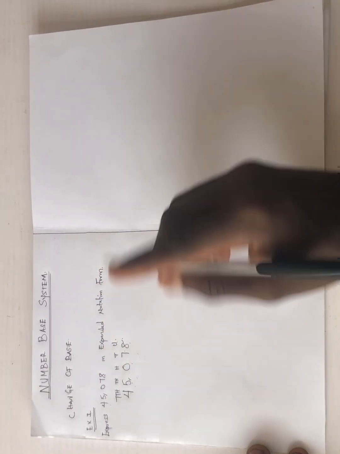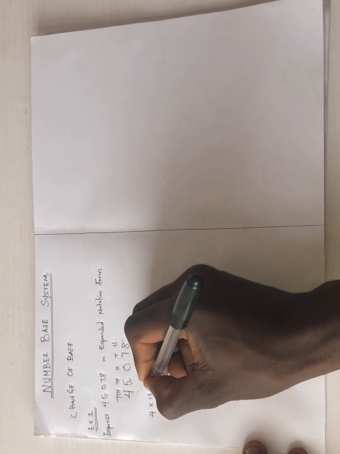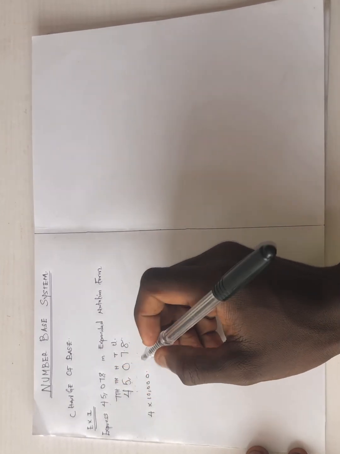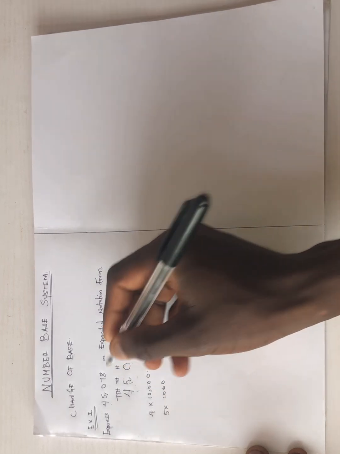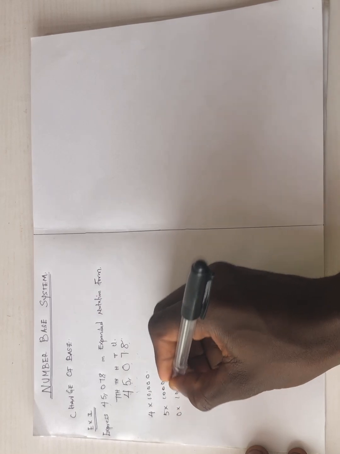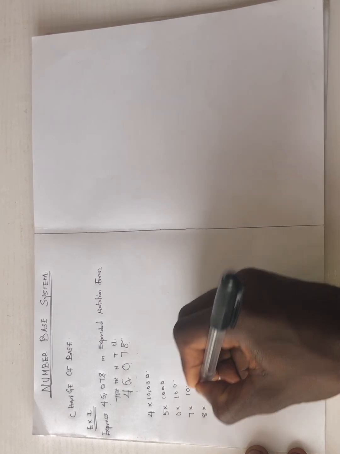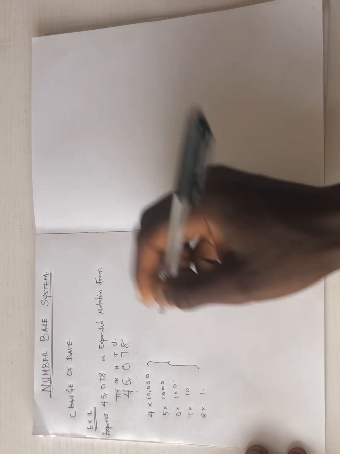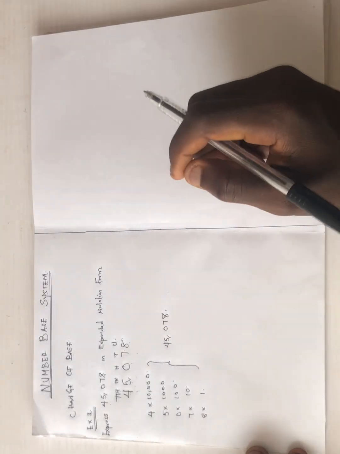So what do you do next? Okay, now this is it. The place value means that if you multiply 4 by 10,000, just pay attention, if you multiply 5 by 1,000, since that is its place value, if you multiply 0 by 100, 7 by 10, and 8 by 1, if you add all of these together, you would have 45,078.